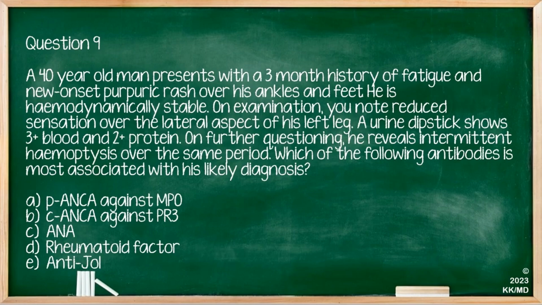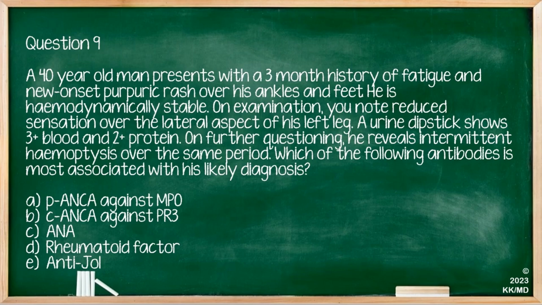Question 9. A 40-year-old man presents with a 3-month history of fatigue and new onset purpuric rash over his ankles and feet. He is hemodynamically stable. On examination, you note reduced sensation over the lateral aspect of his left leg. A urine dipstick shows 3+ of blood and 2+ of protein.